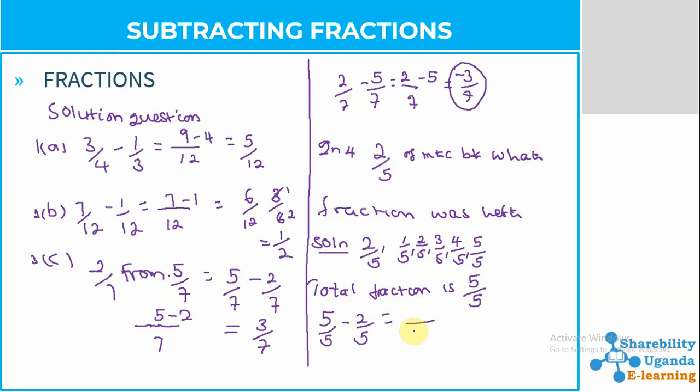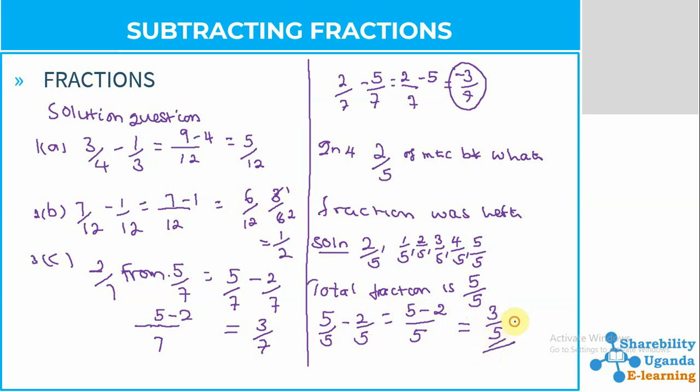So we get our answer. We look for the lowest common multiple, which is 5. Then we say 5 divided by 5, we get 1 times 5, 5, then this is same as 2. So we shall be able to get our answer as 3 out of 5.